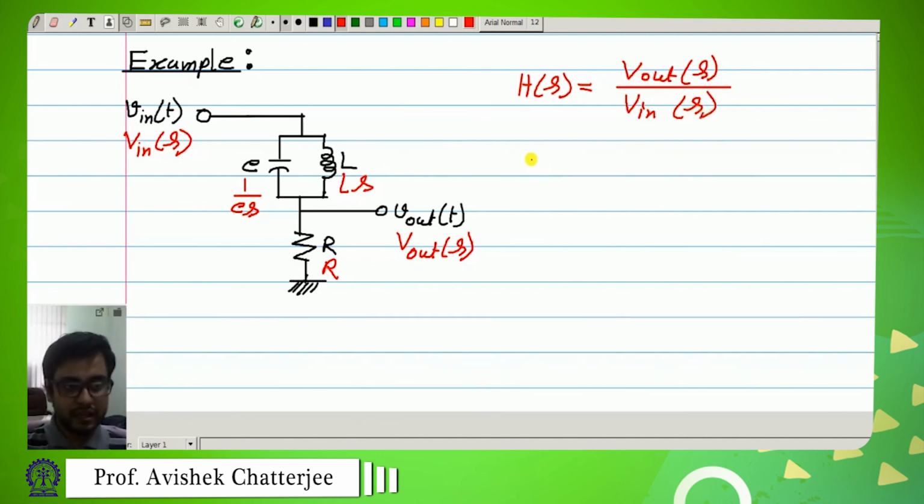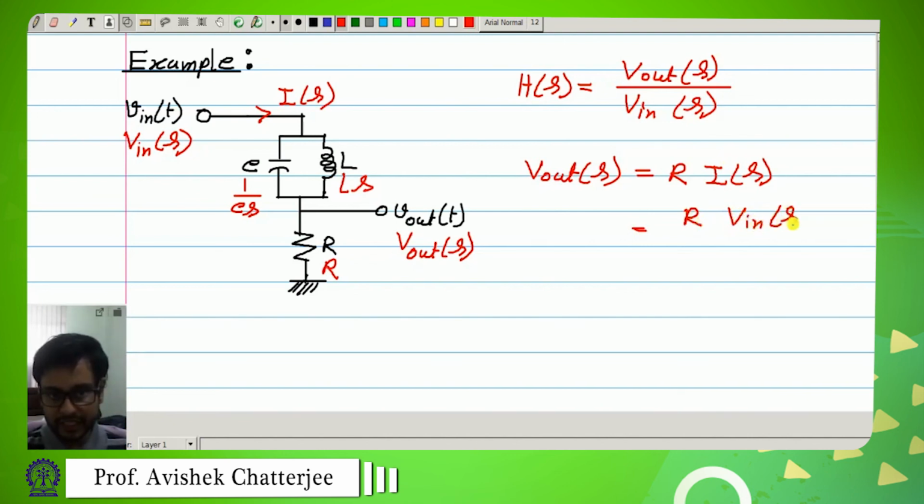Now V out S, this voltage here, is equal to R multiplied with this current, call this I(s), R I(s). Now this is equal to R times V in S, this voltage, divided by the total impedance, that is R in series with L and C in parallel.